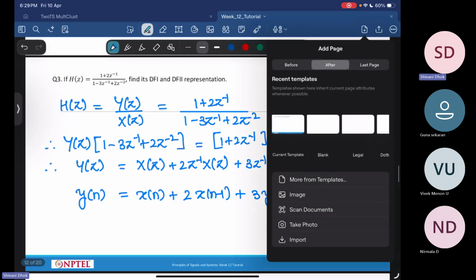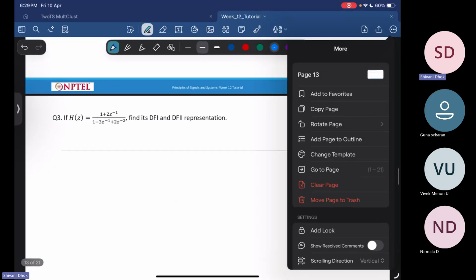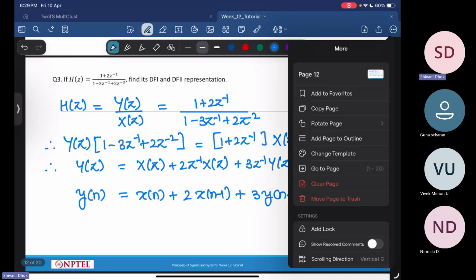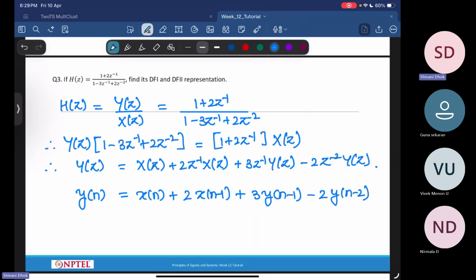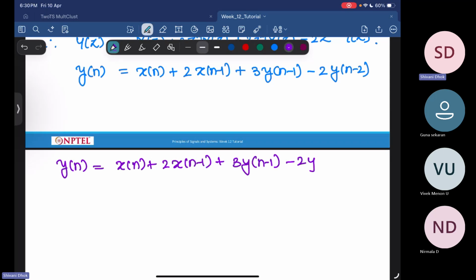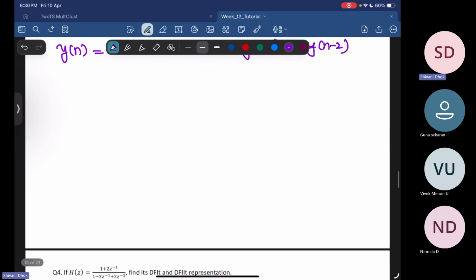So with the help of this input output relationship, we are now going to do the representation. Let me rewrite it: y of n is equal to x of n plus 2 times x of n minus 1 plus 3 times y of n minus 1 minus 2 times y of n minus 2. So this is what we have.